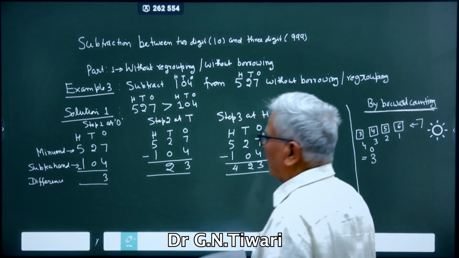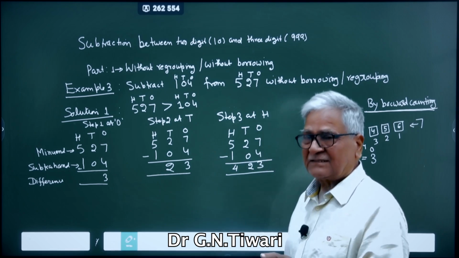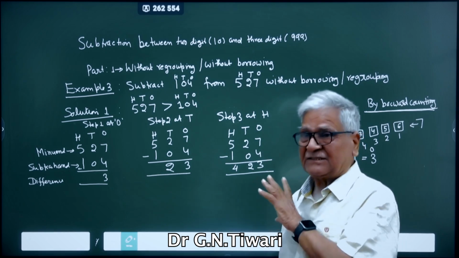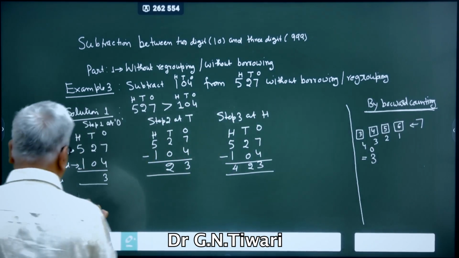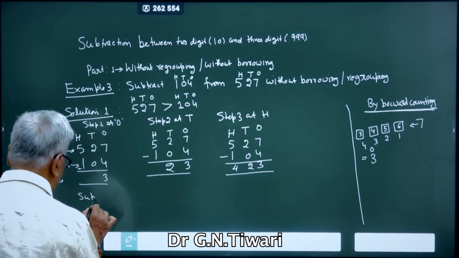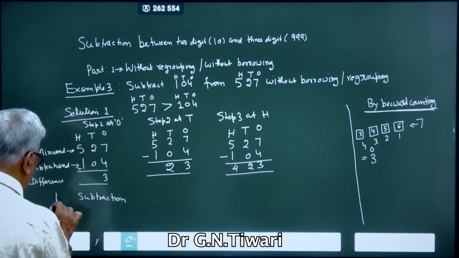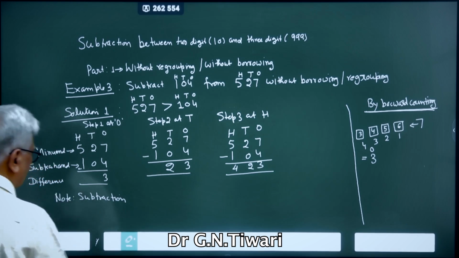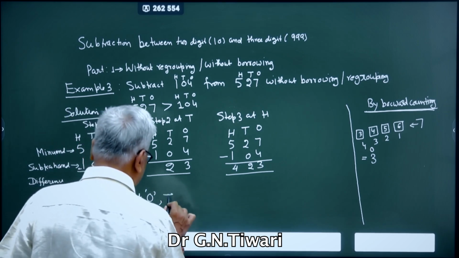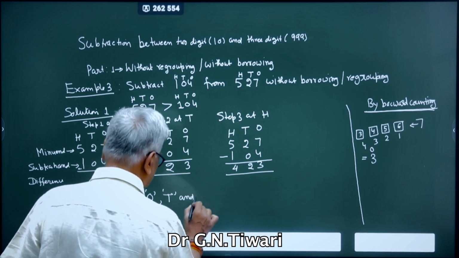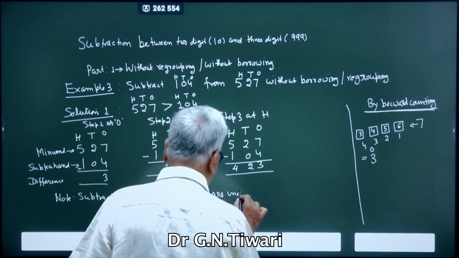And here the subtraction at ones, tens and hundreds is in a single digit. All are independent. So here you can write, make a note: subtraction at O, T and H are independent to each other.